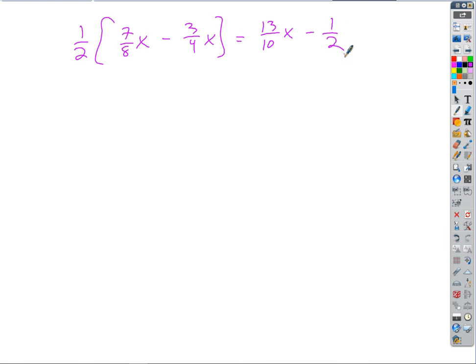Okay. So we're not going to try to clear the fractions. We're just going to leave them as ugly fractions the first time. We're going to multiply the 1/2 through, but multiplying fractions is easy. It's adding and subtracting fractions that's tougher. So if I distribute this, I'm just going to multiply top and bottom. What does the first fraction become then?